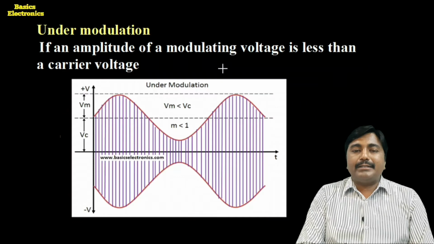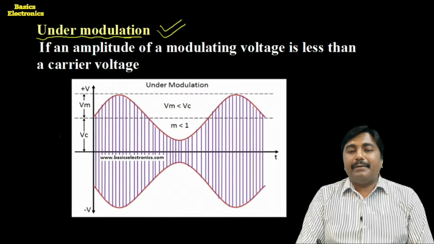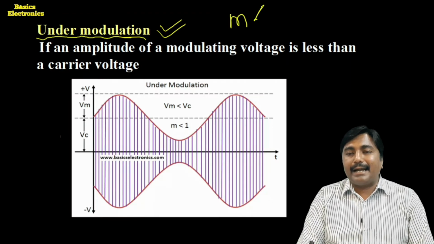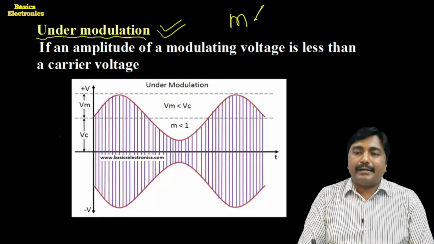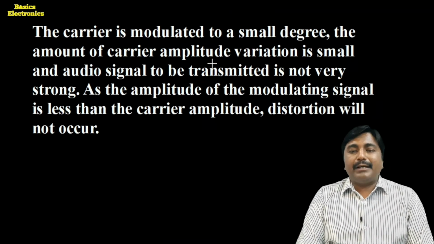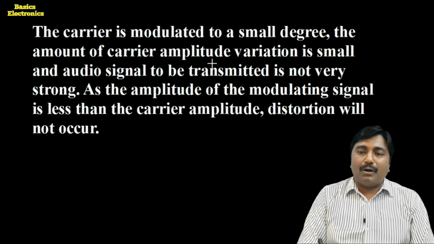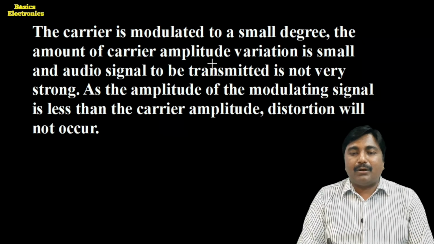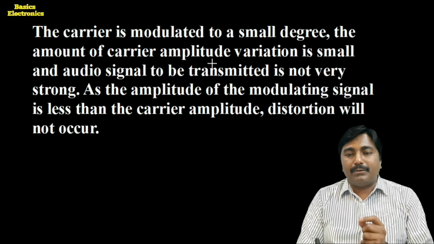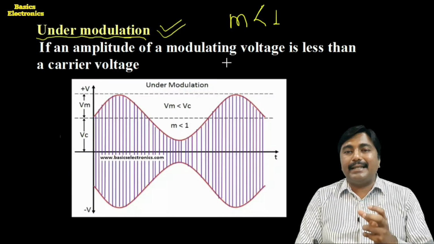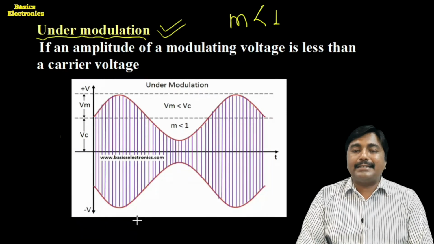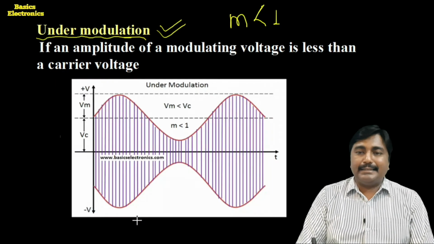Under modulation is the condition when Vm is less than Vc, or the modulation index is less than 1. In under modulation, the amount of carrier amplitude variation is small. There is less variation because the variation is according to the modulating signal voltage. As the modulating signal voltage is less, the variation of the carrier signal is less.